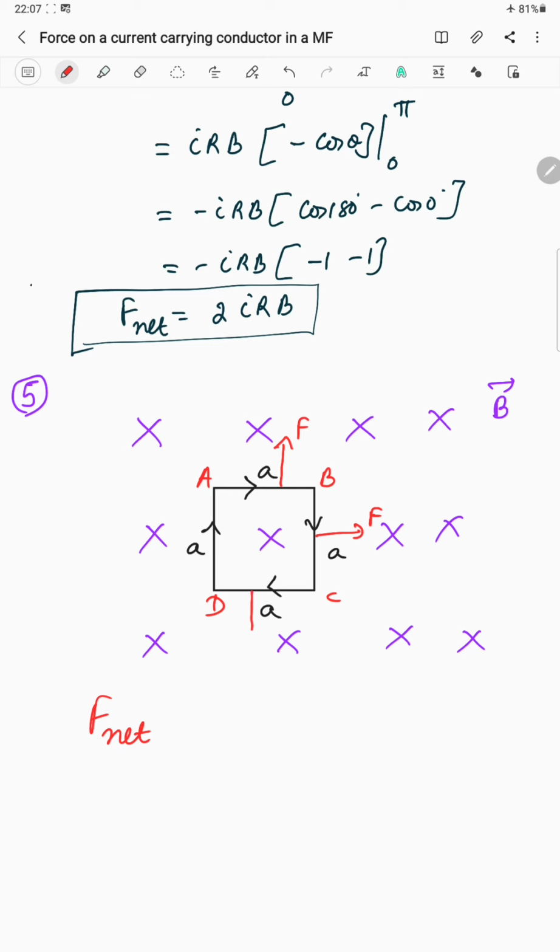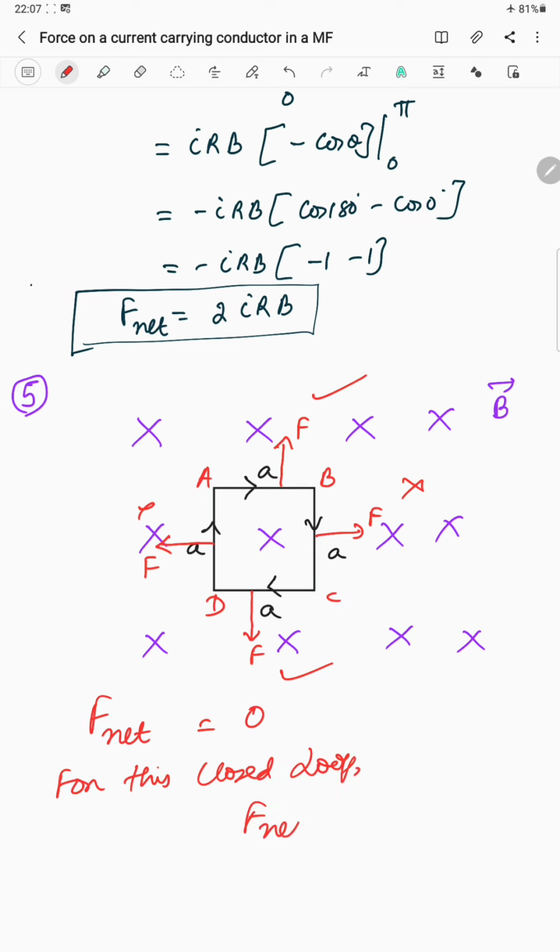Then DC and DA will be along this and along this. You see, all the forces' magnitudes are the same and the directions are opposite. So this one will cancel this one, this one will cancel this one. So what is left out? F net will be how much? It will be 0. So for this closed loop, your F net is 0.